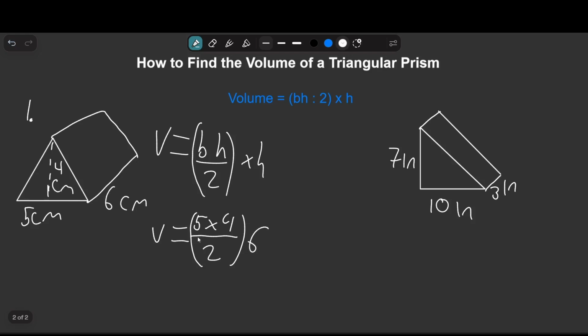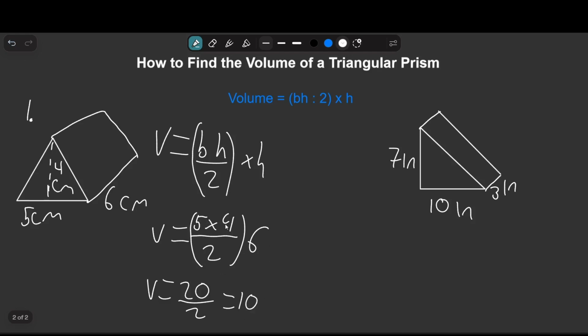So we have 5 times 4 equals 20. So let's write this down again. 20 divided by 2. 20 divided by 2 equals 10.